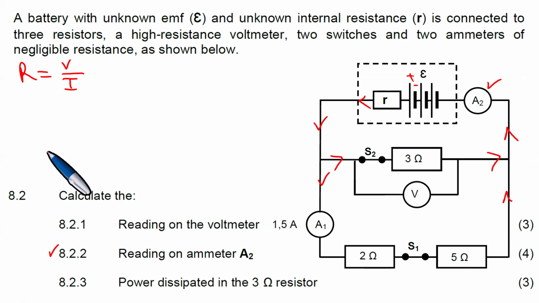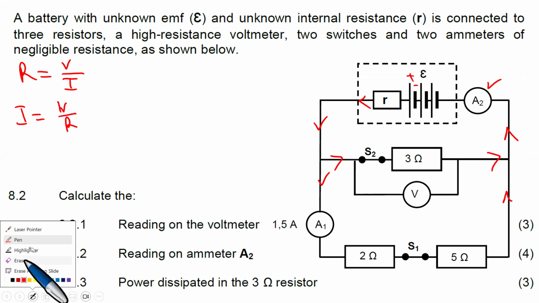And we want to find the actual current through I2, or rather A2. So what we can do is first determine the electrical current, which means I is V over R. I becomes V over R.